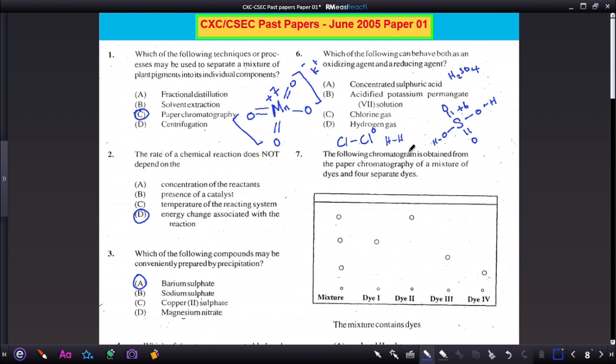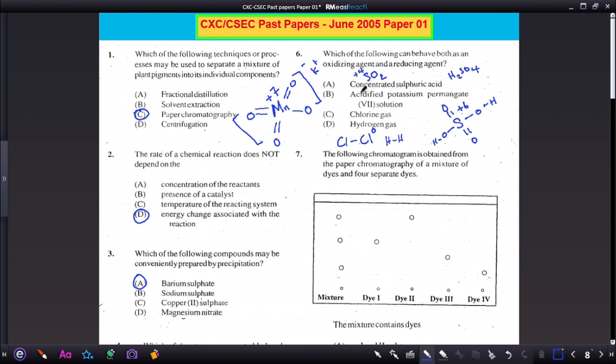Okay, so I am not sure what the examiner wanted, what the options should be here, but I am assuming that if it were SO2, sulfur dioxide, in this case sulfur has an oxidation state of +4.